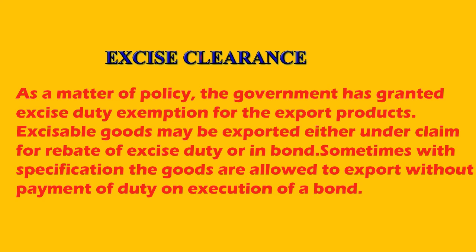Due to the government policy, the export products are exempted from the excise duty. That is, they are not required to pay any excise duty. But there are two ways by which the excisable goods may be exported, either under claim for rebate of excise duty or in bond. In the first one, the duty is first paid, then its refund is claimed, and in the second case, the goods are allowed to be exported without payment of duty on execution of a bond.